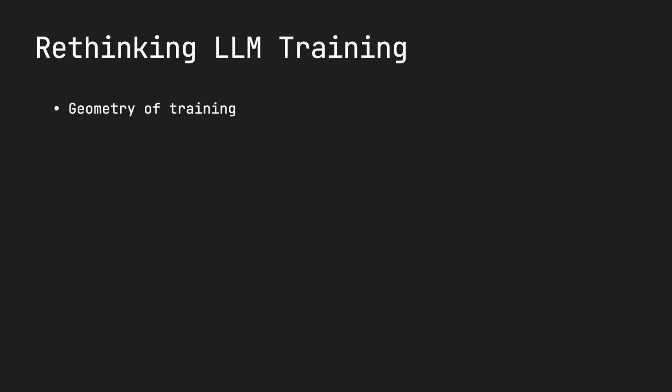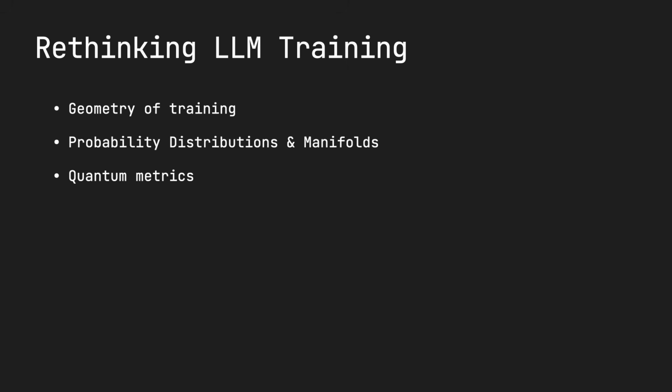What's great about this paper is that it uses the language of tensors and curved surfaces and manifolds, things you would find in general relativity, to look at what's happening during training phase of an LLM. And we're going to look at what probability distributions are and manifolds. So I'll build on the topics from the ground up.